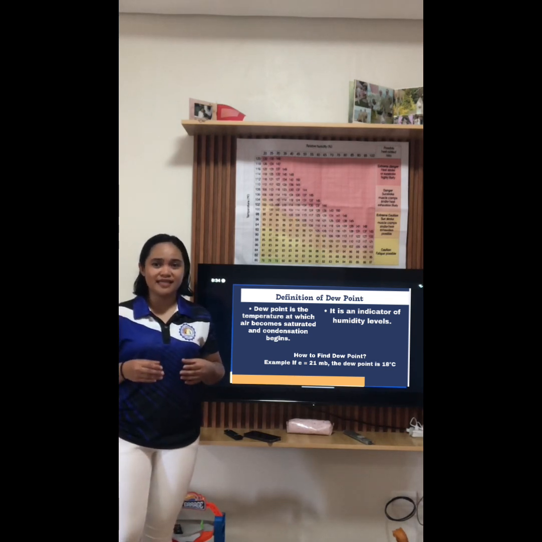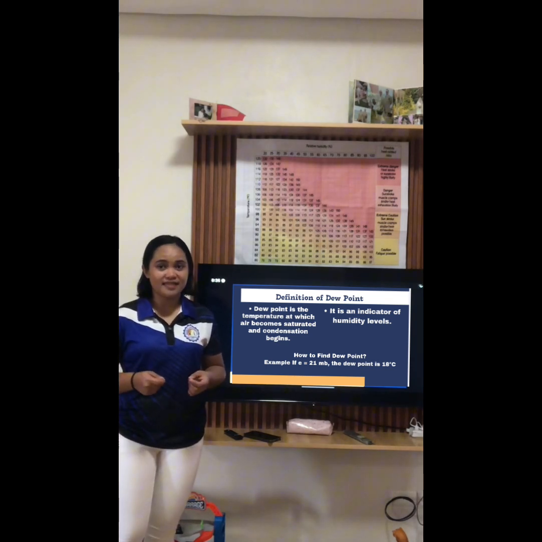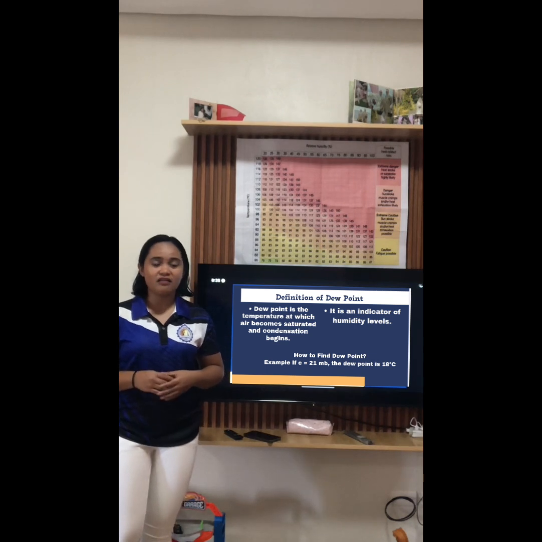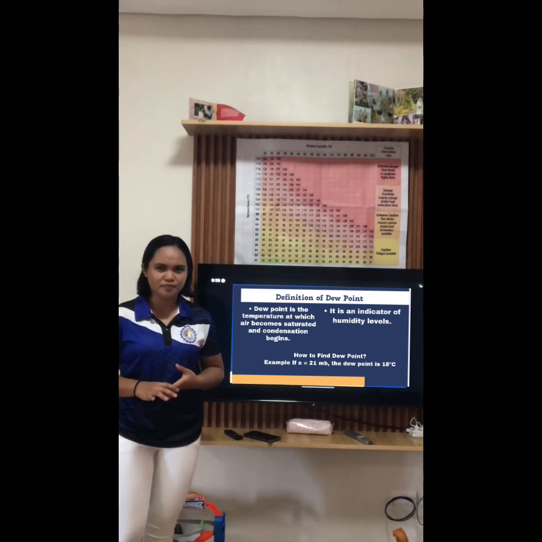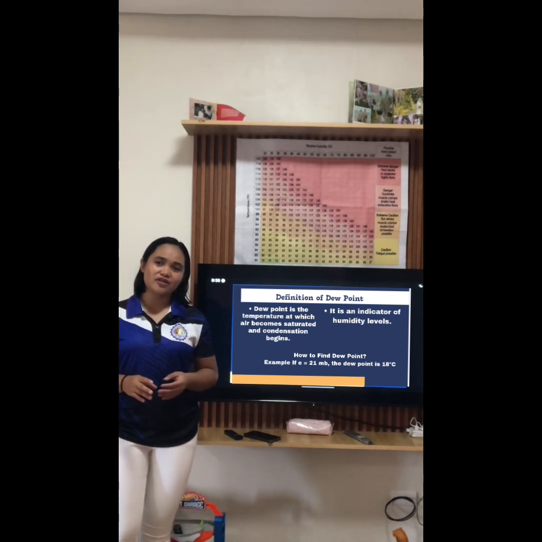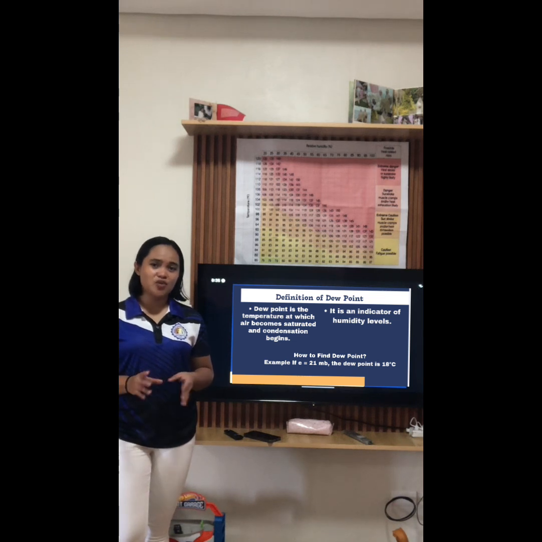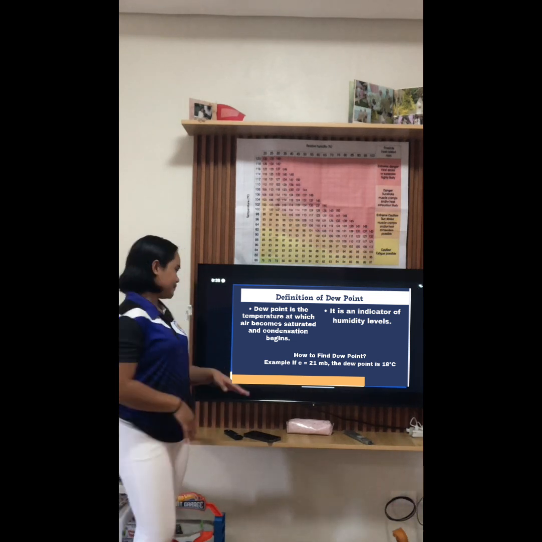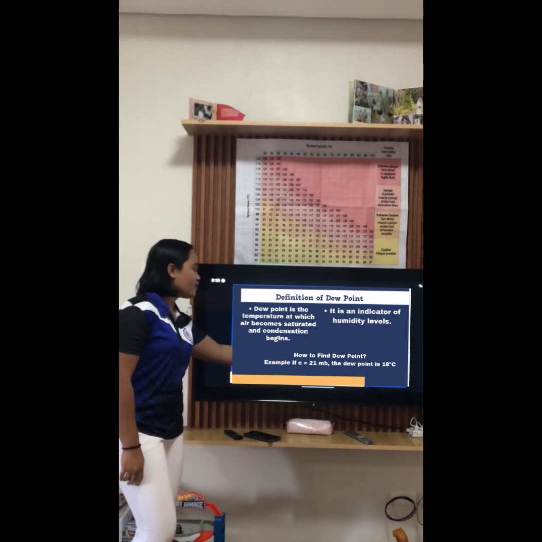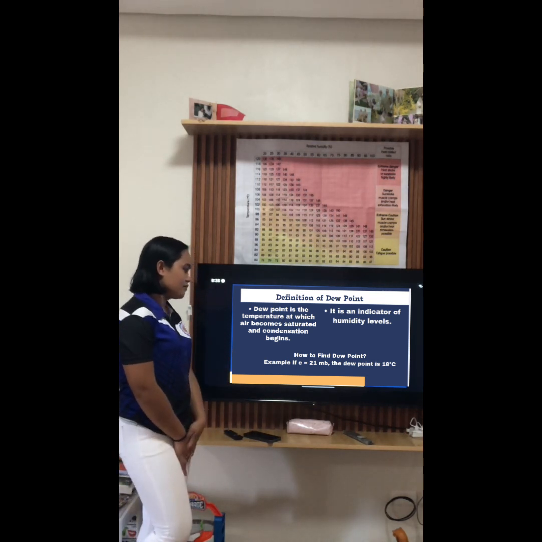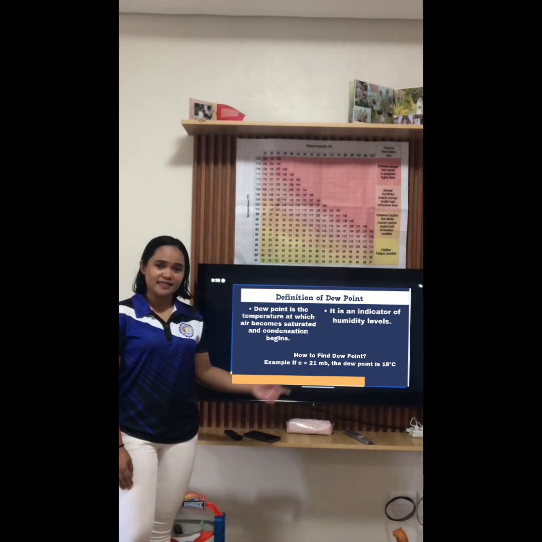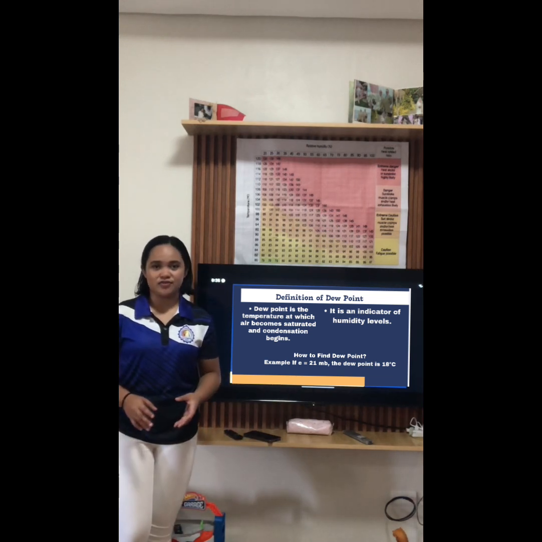If the dew point is high, it means the air contains a lot of moisture. If we know the actual vapor pressure, we can use it to find the dew point. For example, if our actual vapor pressure is 21 millibar, then our dew point is 18 degrees Celsius.